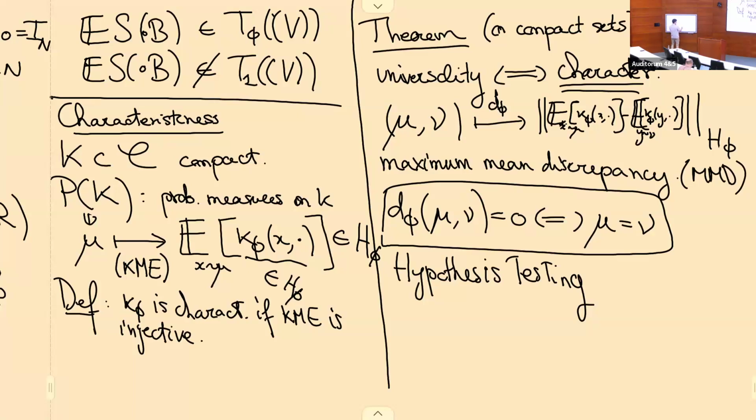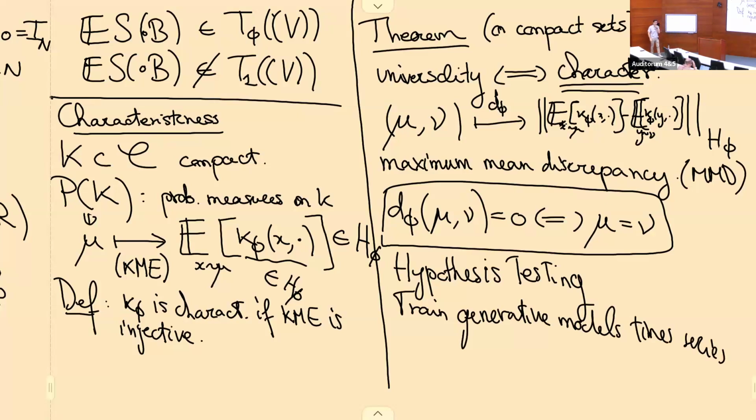You can also train generative models for time series by taking this distance as a discriminator. That's another recent application. You can do different things.